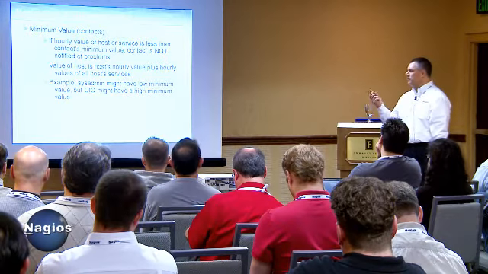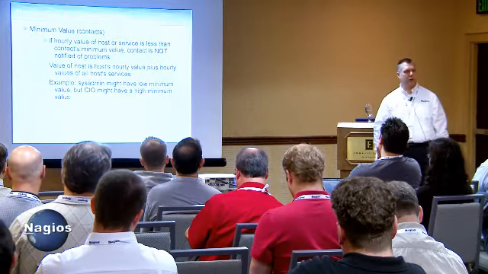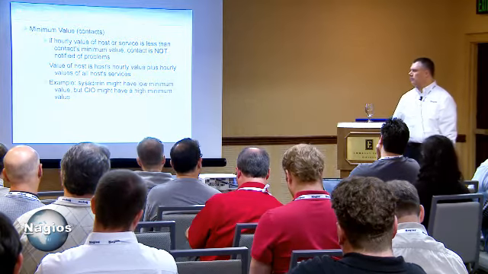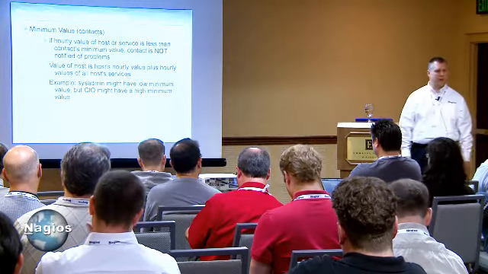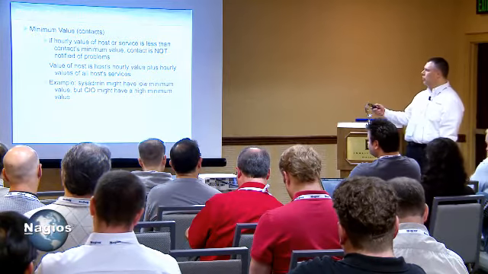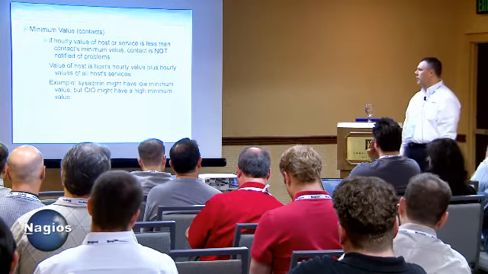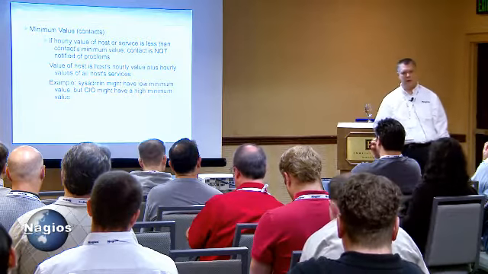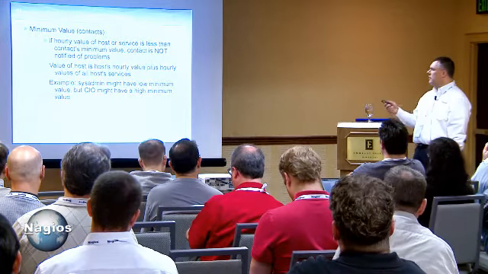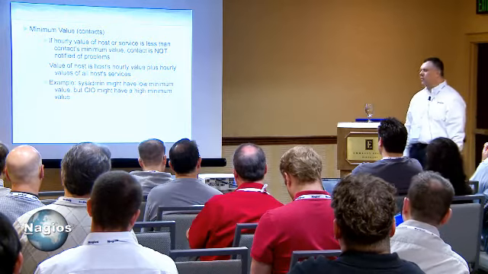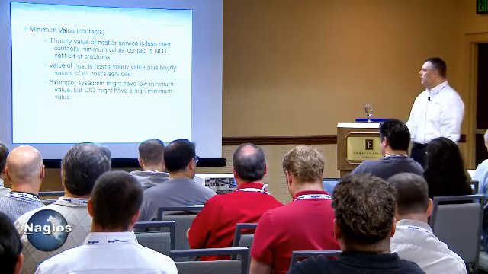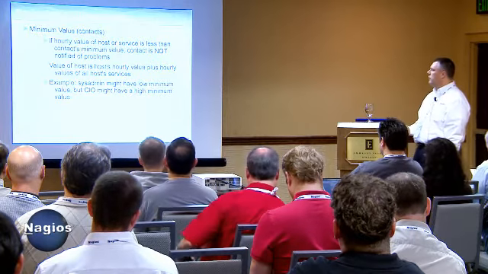So for example, a system administrator might want to know about that development server that's running out of disk space, but you certainly wouldn't want to tell the CIO that. So you could set a low minimum value for a contact that was a sysadmin, and if you had a CIO that wanted to know about this sort of stuff, you'd set a high value so he or she would only be notified of issues with high value objects in your environment.